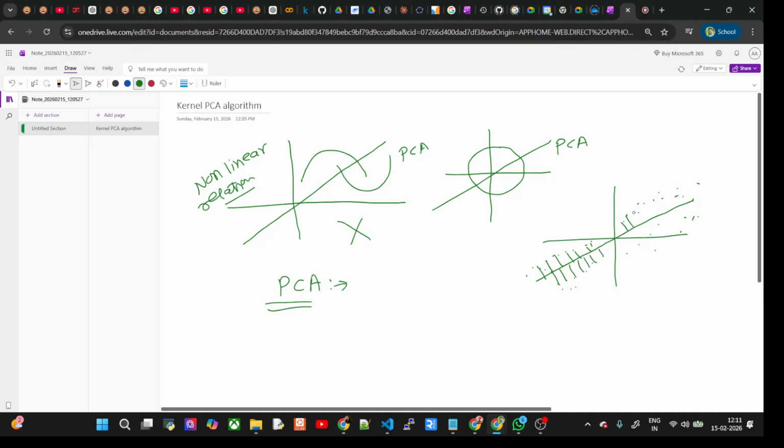The main objective of PCA is reduction in dimension. You project all the data points on this line and then use the representative and coefficient combination to show the complete data set. If it is 2 billion, we are able to show only 1 billion plus the representative, so 50% dimensional reduction is achieved by using PCA. So PCA's main aim is to reduce the number of dimensions, to compress whatever dimensions you have.